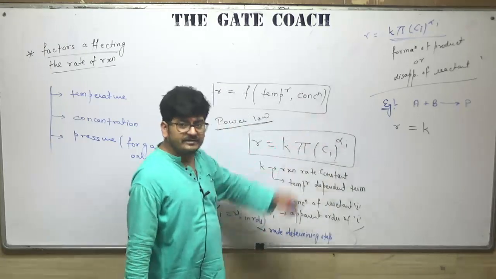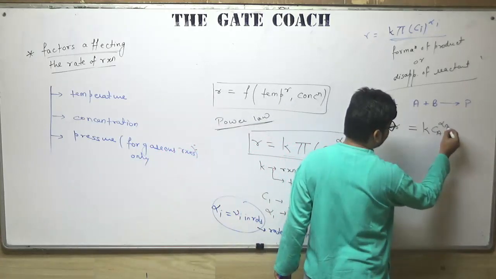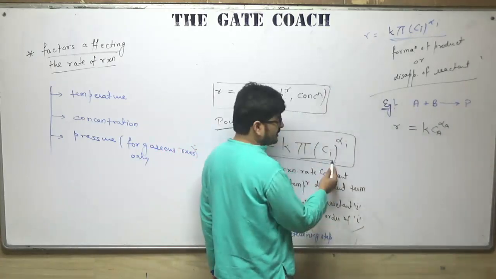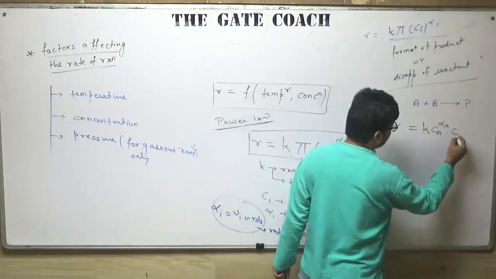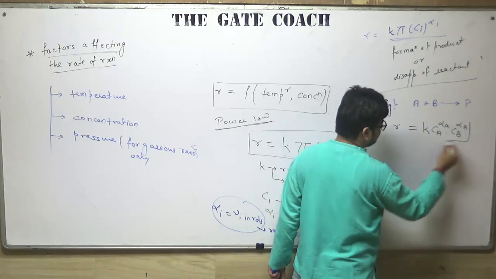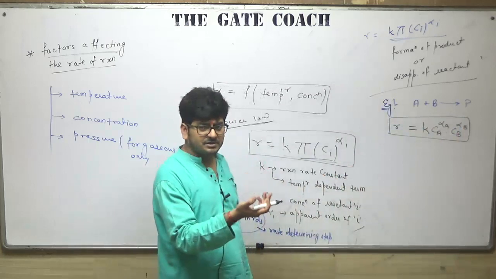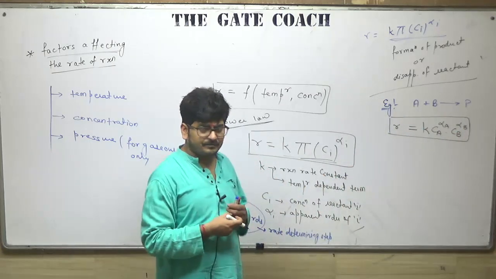Here we have two reactants, so it will be concentration of A to the power alpha A. Since it is a product summation, we multiply by concentration of B to the power alpha B. So that's how we relate the rate of reaction with concentration and rate constant.